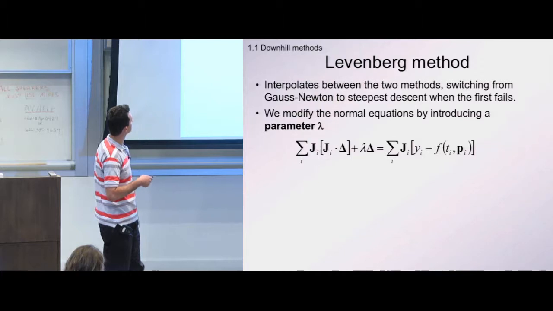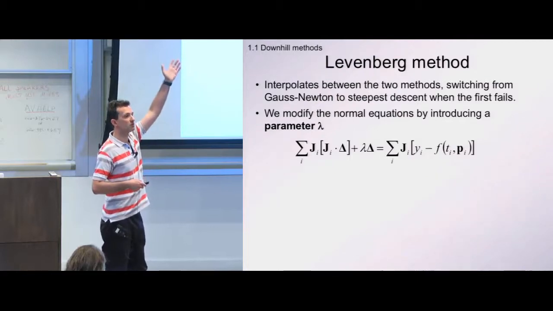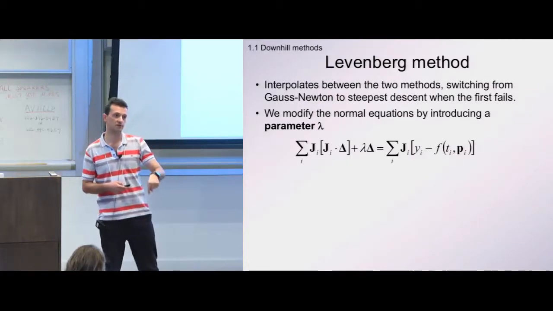The modification proposed by Levenberg is this: the addition of this term lambda delta in the linear equation. If lambda is very small, so this term is negligible, then you work with the Gauss-Newton method, which is very fast. But if you are very far from the minimum, the Gauss-Newton method will fail, and so you have to move to the steepest descent method.